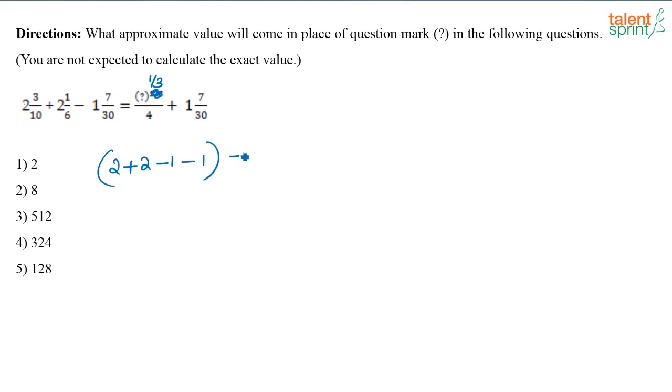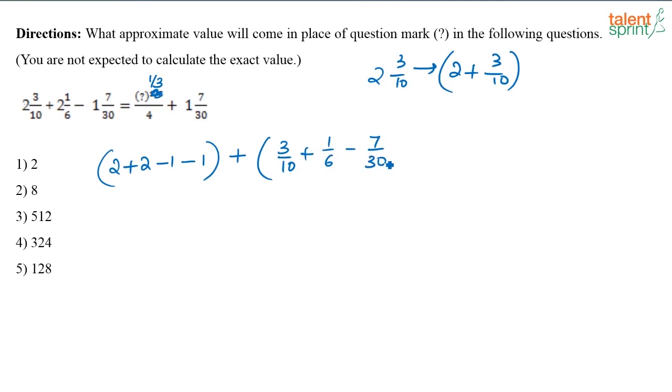Plus, then take the fractional parts together. 2 3 by 10 is nothing but 2 plus 3 by 10. So this is 3 by 10 plus 1 by 6 minus 7 by 30. Again this comes to this side, that's also minus, so again minus 7 by 30.